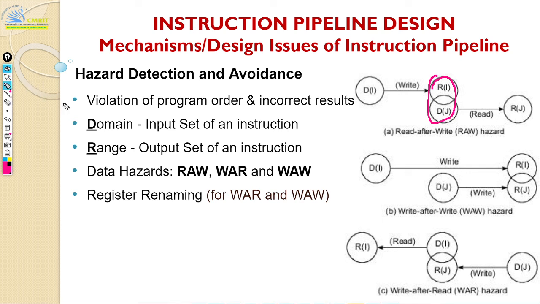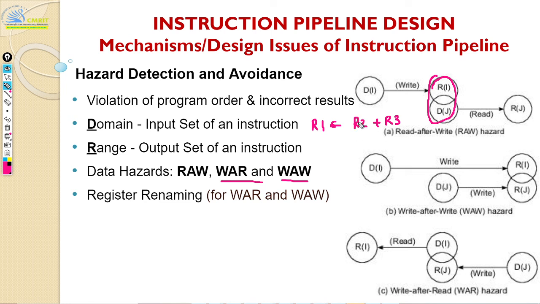Now I said these are only pseudo dependencies, right? So let us see an example. We will take one example: R1 equals R2 plus R3. Let us take a WAR example, your write after read.